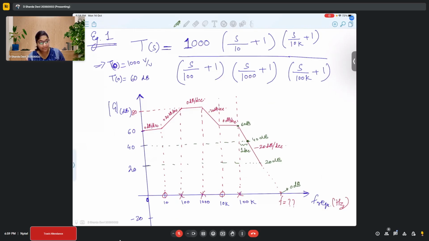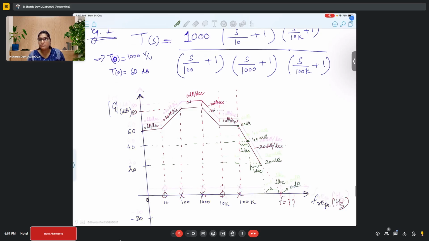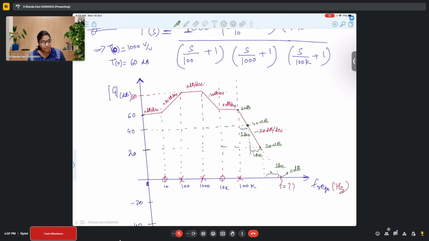Correct? Now to move from here to here, you would again require 1 decade. Now, from here to here, again you would require 1 decade. So you would require 3 decades to reach 0 dB.